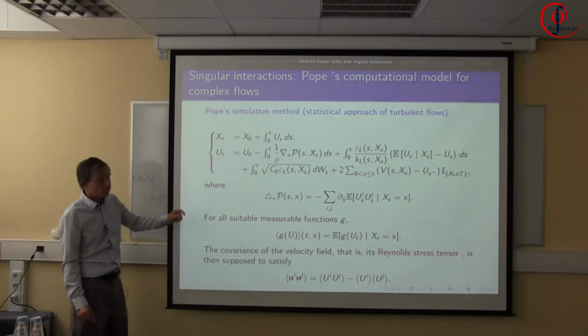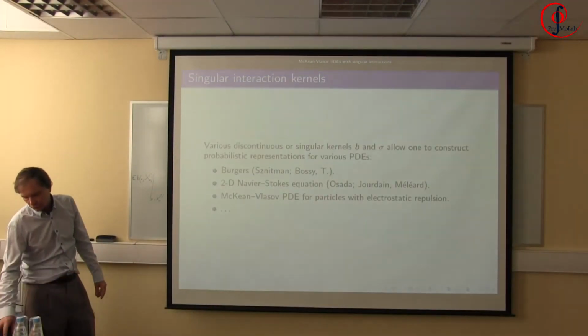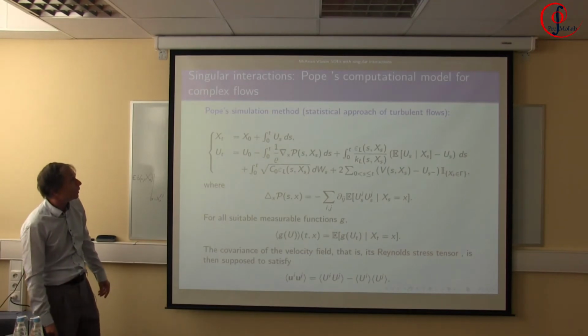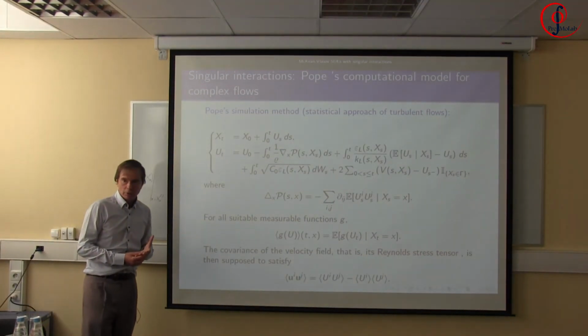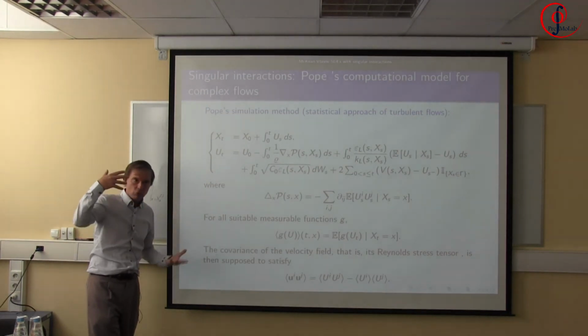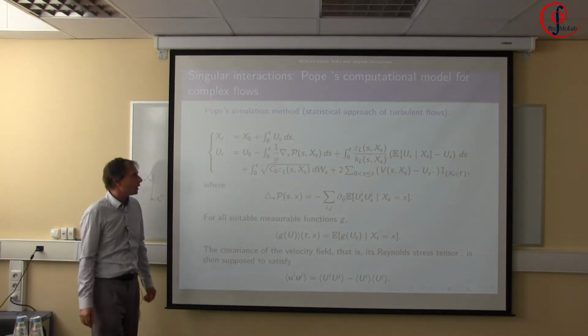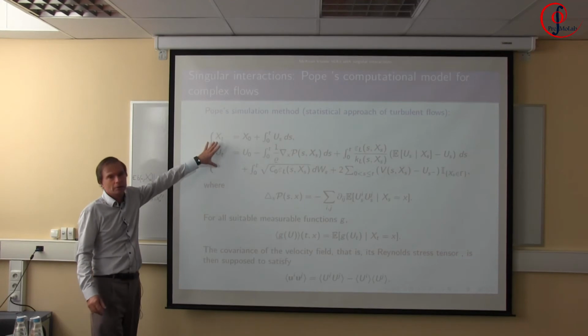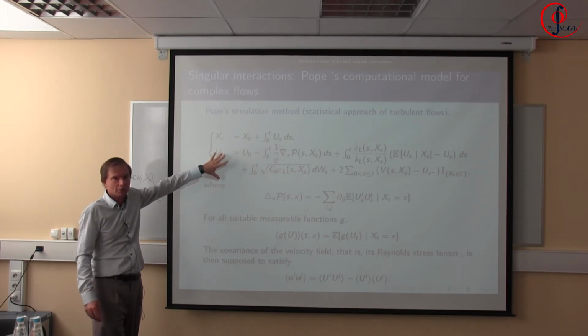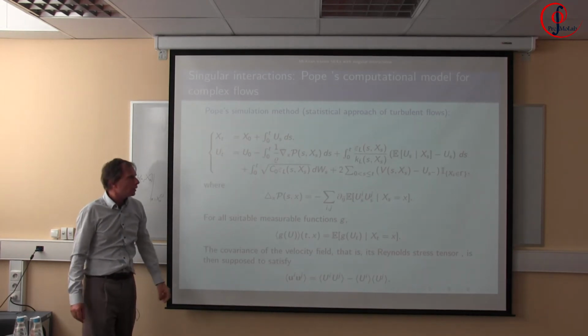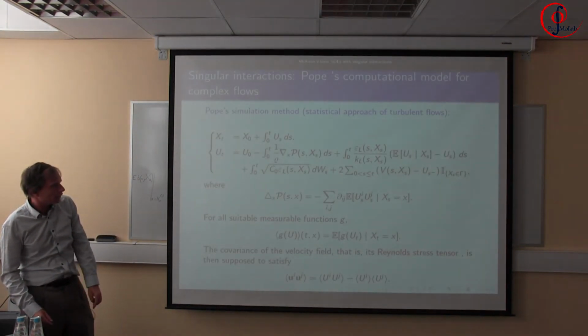Because, of course, the model developed by Pope was a computational model. If you look at Pope's papers, the dynamics is not written like that. It's not a mean field dynamics. It's written as particle systems, exactly as in my preceding slides.